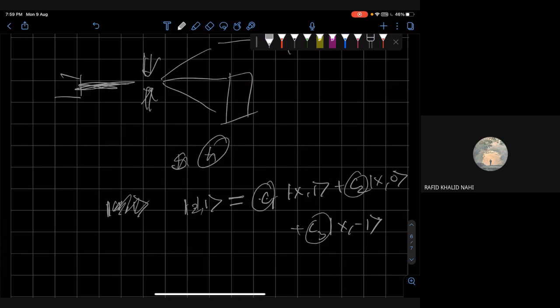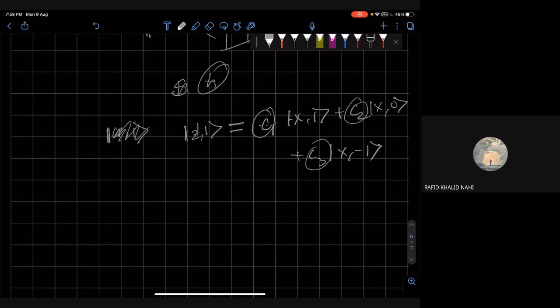Let's see. Right, so let's do this. So this is Z1, right? Then what we should do is express this in terms of the X states.